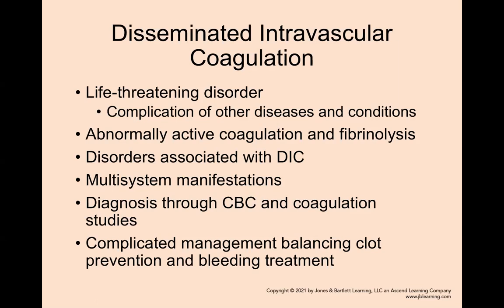It is complicated because these folks are prone to peripheral clots but central bleeding. Again, you're not going to be treating this, but if you are working in a situation where you have someone who's been very sick and has some bleeding that you can't explain, this is one thing that could cause it, but they're often very sick in an intensive care unit.